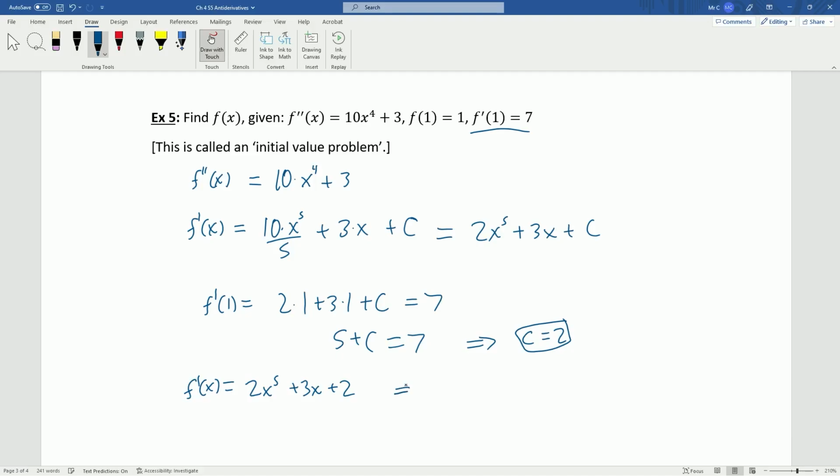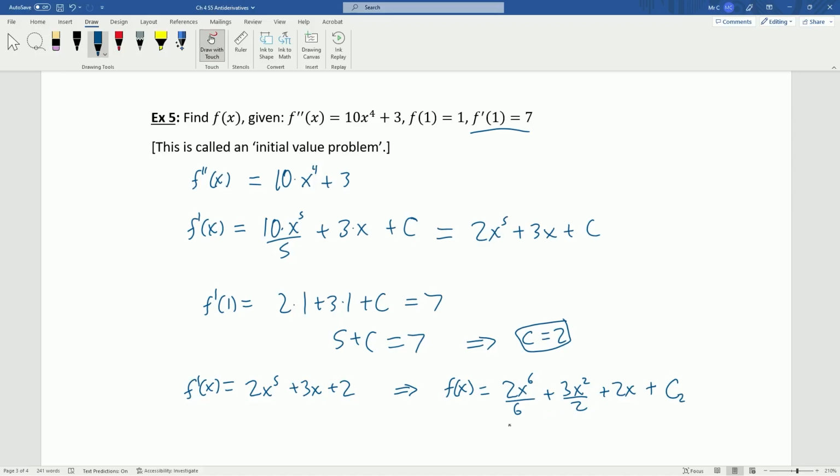Okay, so now let's find our original function, our parent function, we could say, f of x. So we take the antiderivative, we get 2x to the 6th over 6 plus 3x squared over 2 plus 2x plus a new constant, we'll call it c2.